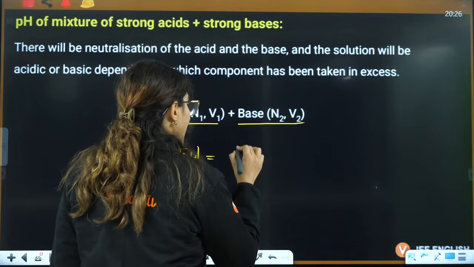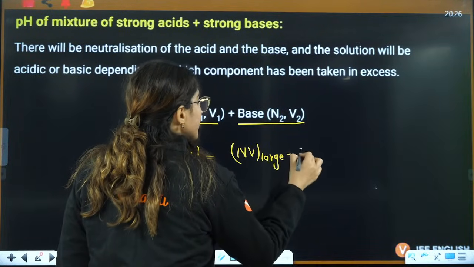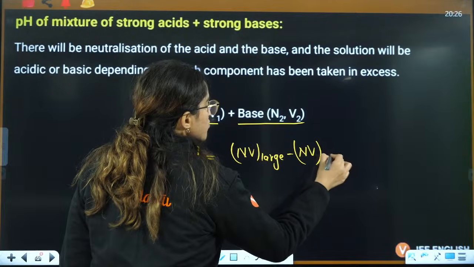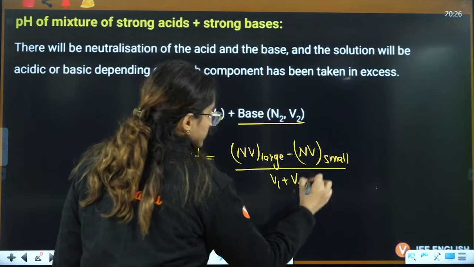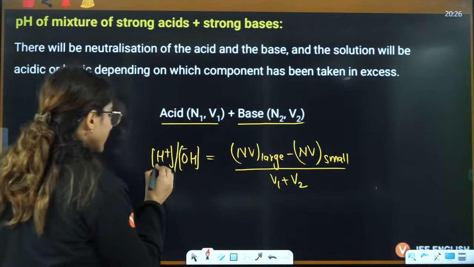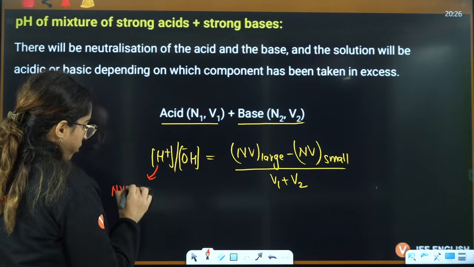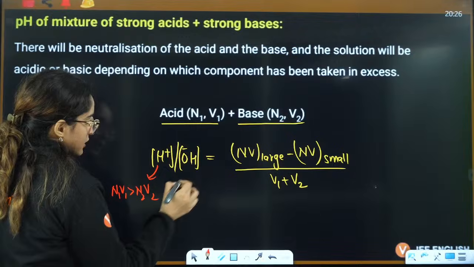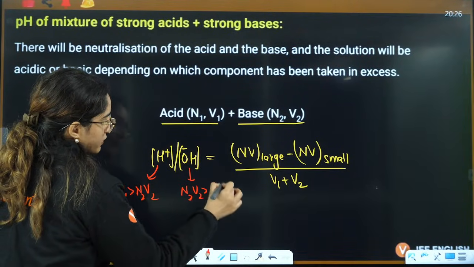Or you can say whatever NV value is large minus whatever NV value is small, divided by V1 plus V2, both the volumes. And H positive you will calculate when N1V1 is greater than N2V2. OH negative you will calculate when N2V2 is greater than N1V1.